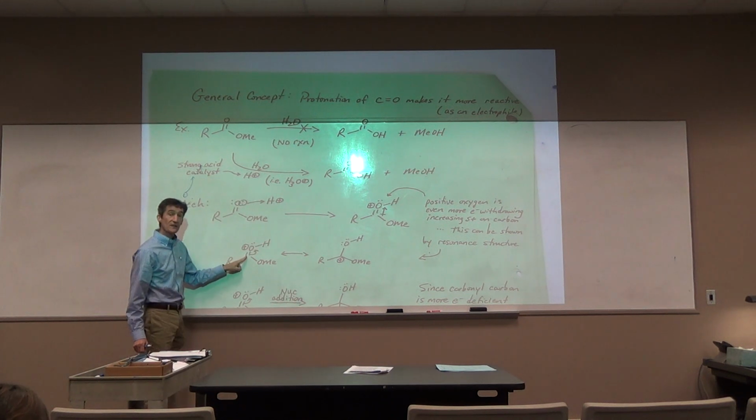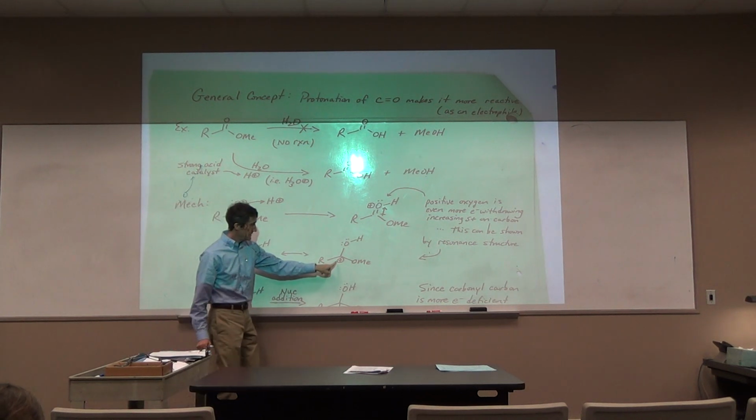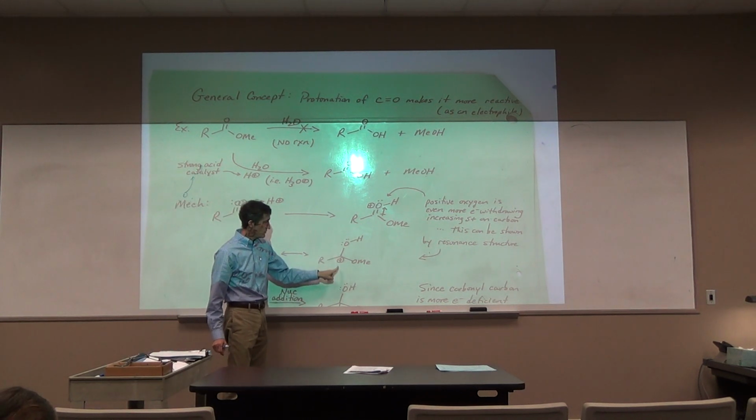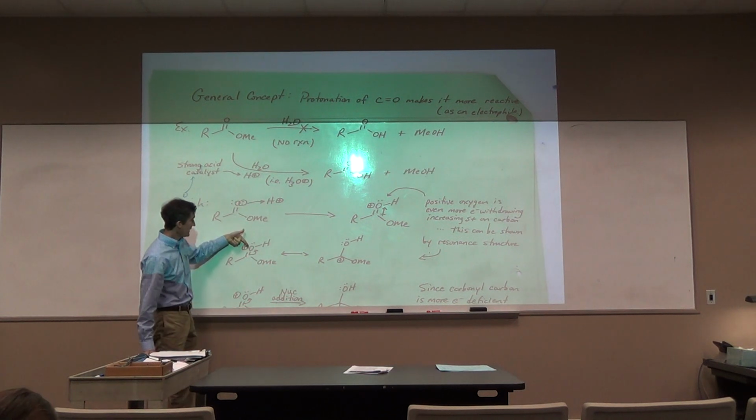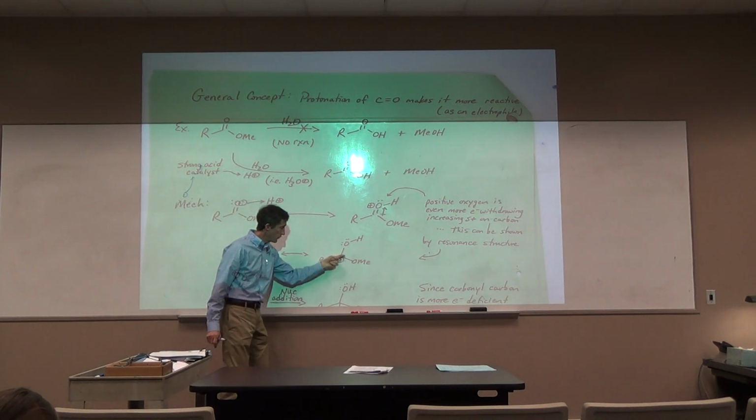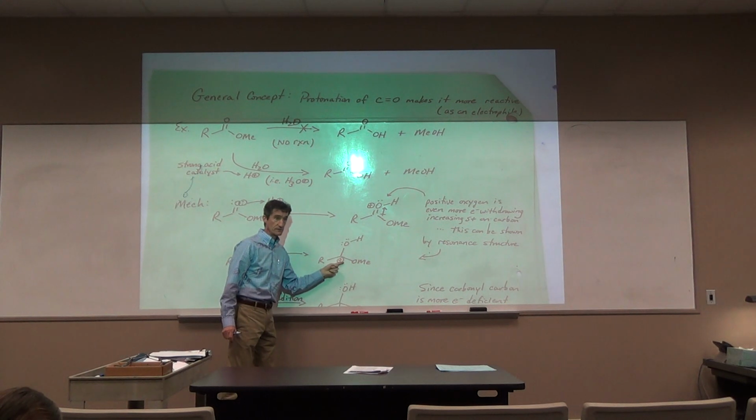We can even show resonance to illustrate this. It just takes the pi bond, move electrons up, and we can actually show a carbocation by resonance. So protonating the oxygen actually gives us more positive on the carbon.